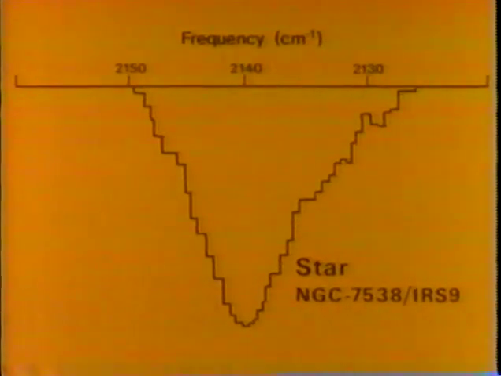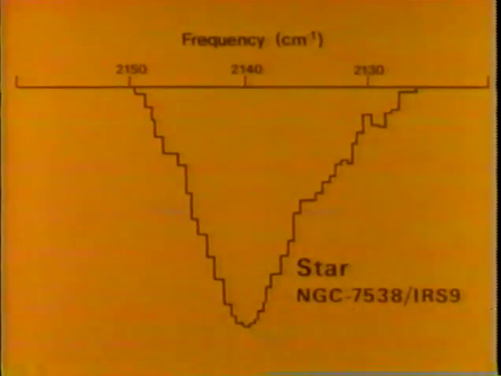Laboratory studies show that the exact frequency of an absorption peak is influenced by the environment surrounding the absorbing molecule, and that environment profoundly affects the shape of the band, its width and skewness.